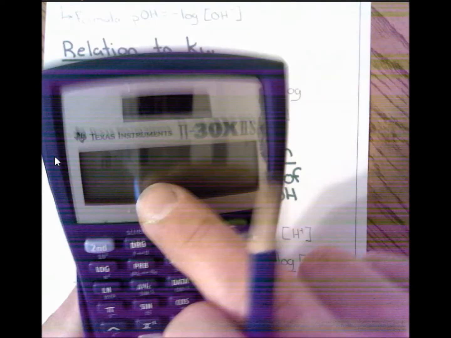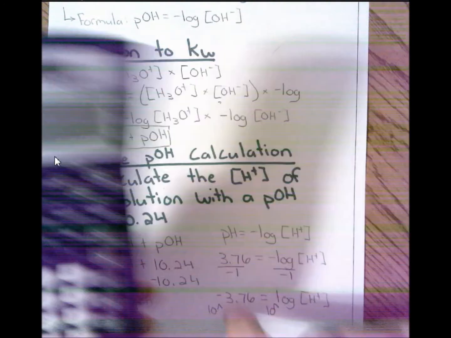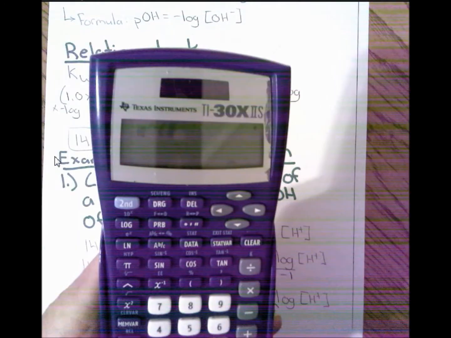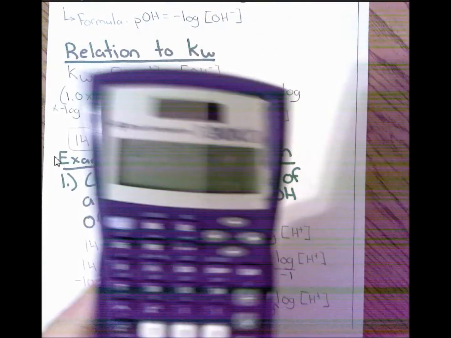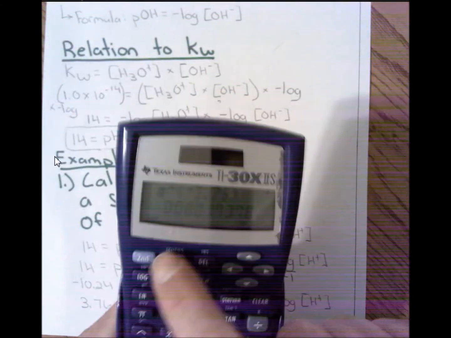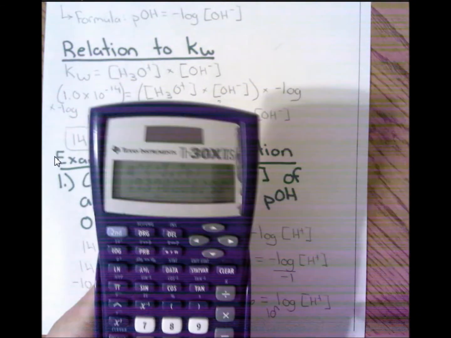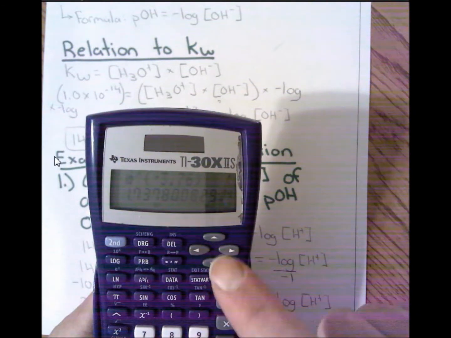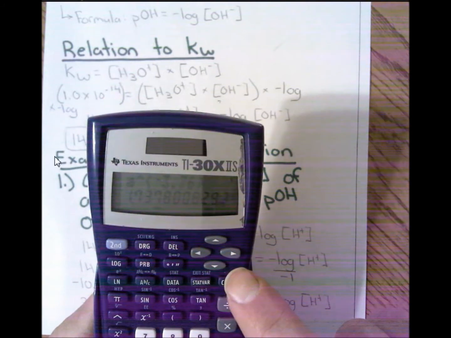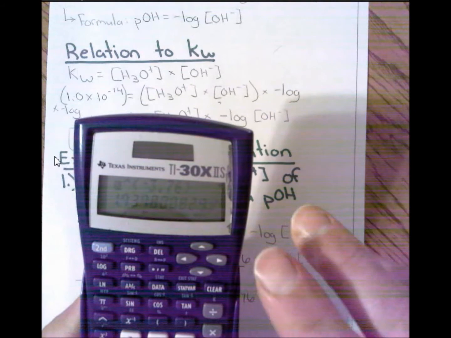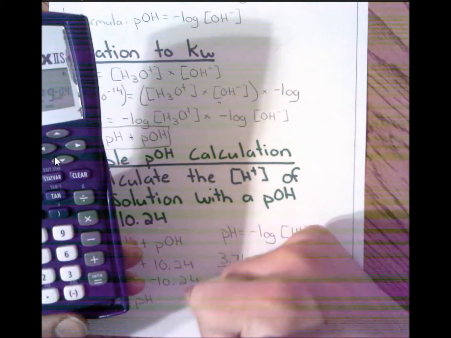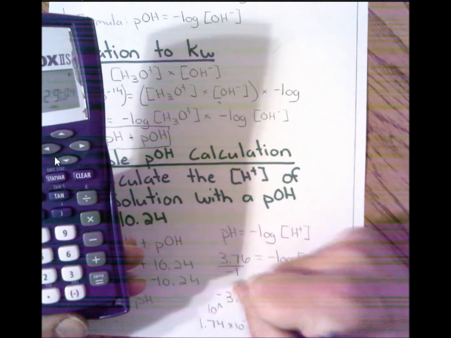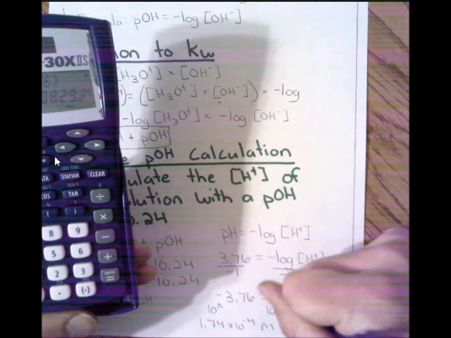I press enter, and I get some decimals here, so I'm going to change it to scientific notation, and round to 2 decimals. I get a value of 1.74 times 10 to the negative 4th molar for the concentration of H plus. So that's where our relation between pOH and pH is really helpful.